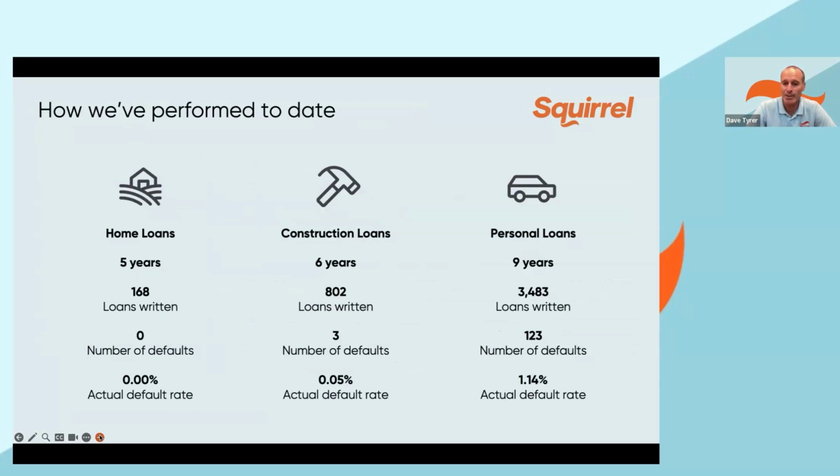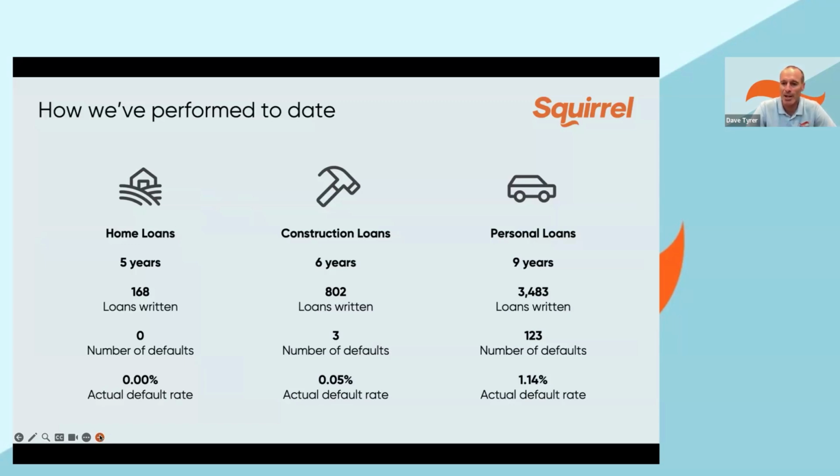We've had 3 default, which gives us an actual default rate in dollar terms of 0.05%. Okay, so that's our experienced loss rate to date on those construction loans. Remember, we're modelling or expecting credit risk of 0.46%. We're reserving at 0.89%, and our actual rate that we've seen is 0.05%.